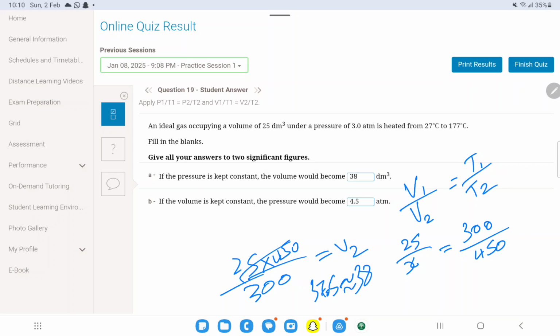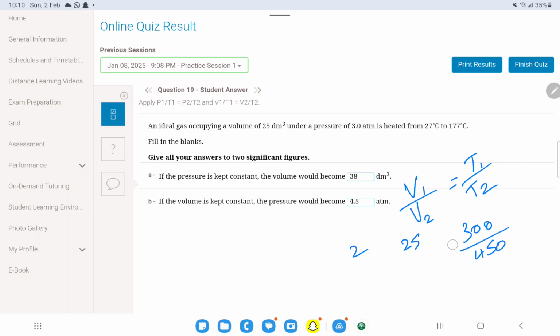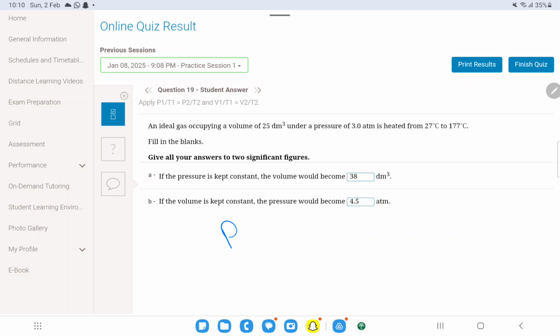That's for part A. For part B, they wanted if the volume was kept constant. So it's P, volume cancels, n and R almost always cancel. So P1 over P2 equals T1 over T2.